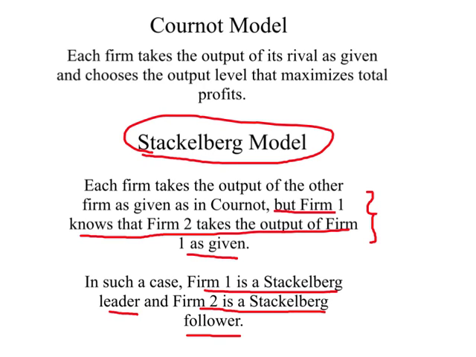Firm 1 will produce more output than firm 2, and firm 1 should also make more profits relative to firm 2. So this is the consequence of the Stackelberg model when we assume firm 1 is a smart or a leader firm and firm 2 is the dumb firm or a follower firm.